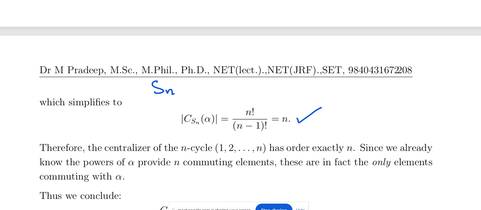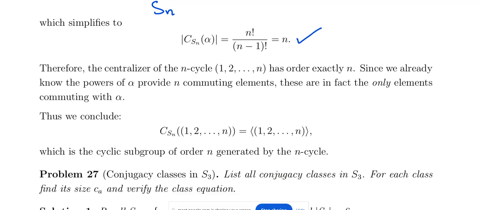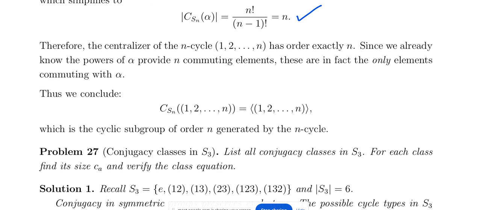These are in fact the only elements commuting with alpha; C_Sn of alpha is the cyclic subgroup of order n generated by the n-cycle.